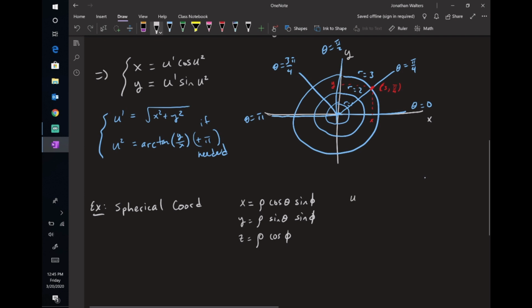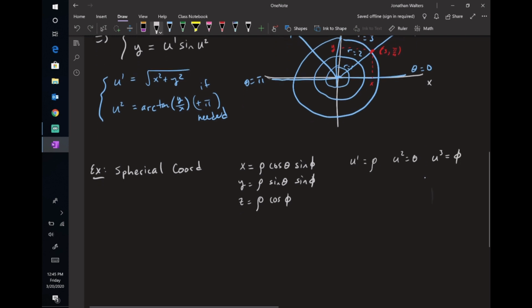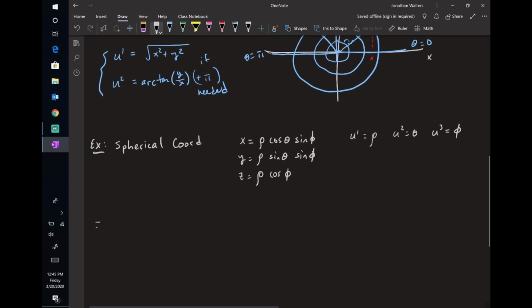So you can let u1 be rho basically, and u2 be theta, and u3 be phi. So you could actually just write this in the same way that we had earlier. We could say x equals u1 cosine u2 sine u3, y equals u1 sine u2 sine u3, and z equals u1 cosine u3.